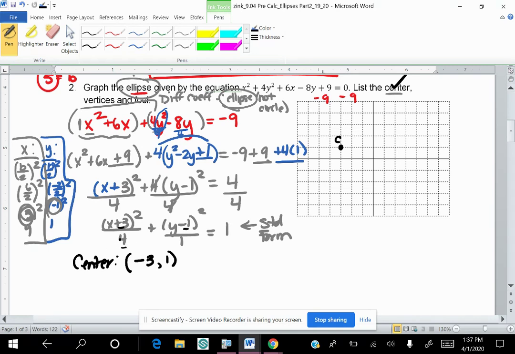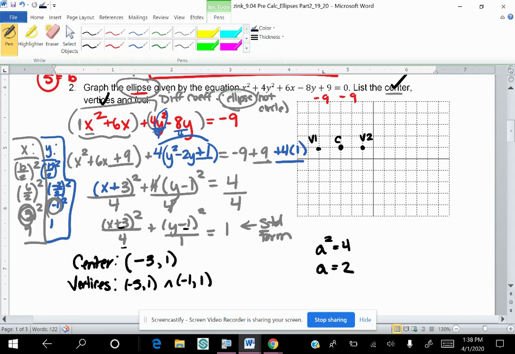So 4 is equal to a squared, which means a is plus or minus 2. So I know I'm going to go left 2 and right 2 to find my vertices. Now that I've done that, I can just write that off over here. So my vertices are going to be -5, 1 and -1, 1. And I'm just taking those right off of my graph right here.